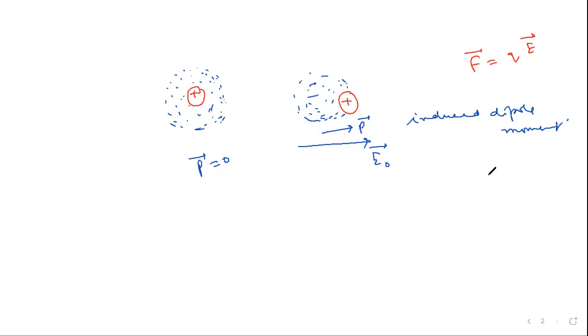Right? Now this induced electric dipole moment is present only when the electric field is present, and it is proportional to the electric field for normal field strengths and is created already lined up with the electric field, right?